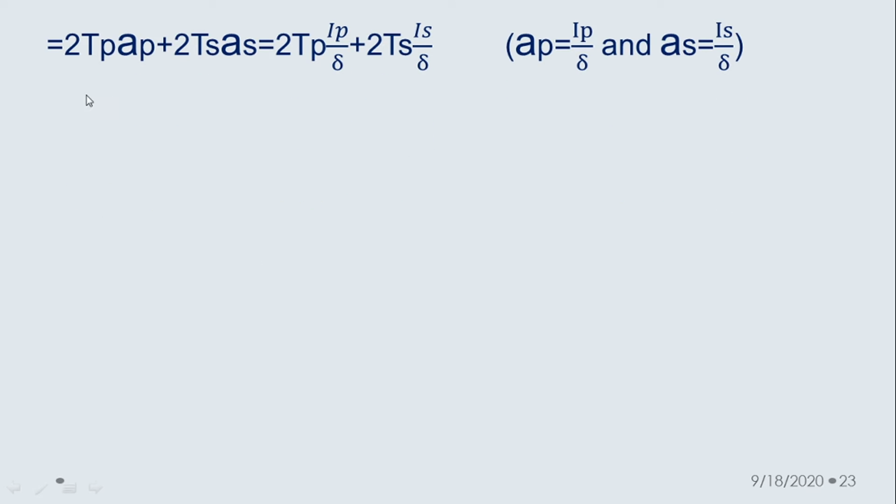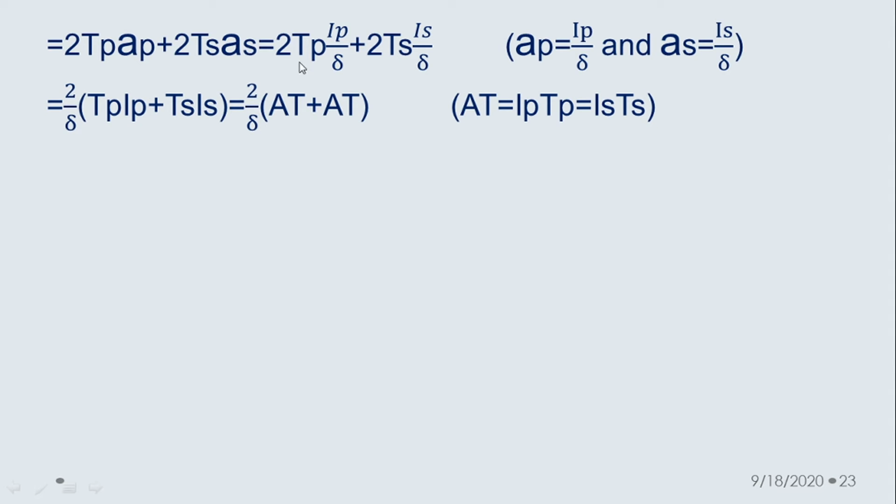So you will be getting 2 TP into AP, that is number of turns in the primary conductor into area of the primary conductor, plus 2 TS into AS, that is number of turns in the secondary conductor into area of cross section of secondary conductor. AP is nothing but IP by delta, so we substitute IP by delta, plus 2 TS into IS by delta.